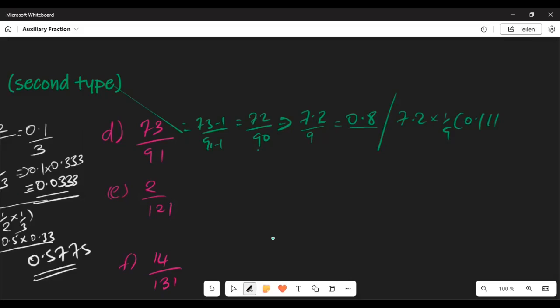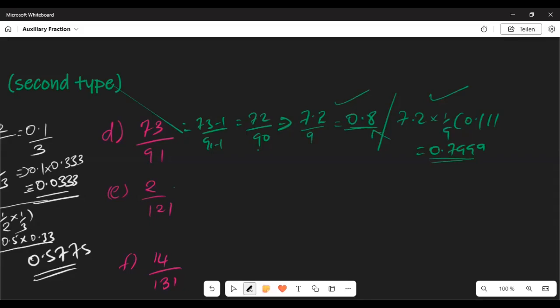If I multiply, this gives me 0.7999, which is almost 8. So I can use this method, or this one, because this one is so easy to divide. You divide directly and get 0.8, or you use the method I was using initially.